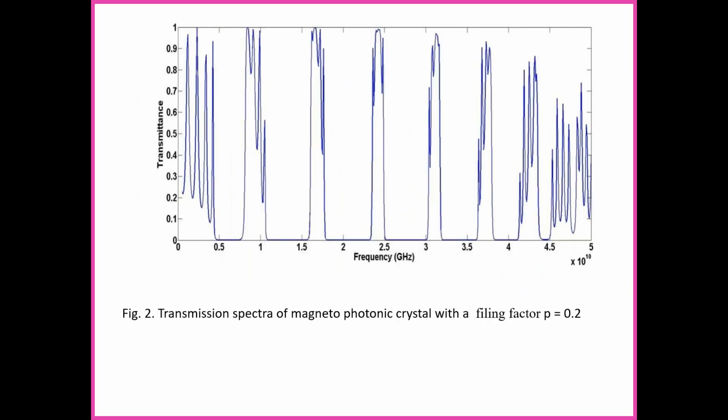When we increase the fill factor, we can have other forms of photonic band gap. See here, we have 1, 2, 3, 4, 5, 6, almost 7 band gaps. By changing the fill factor, we can analyze the transmission spectrum like this. Like this, we can increase other factors also.